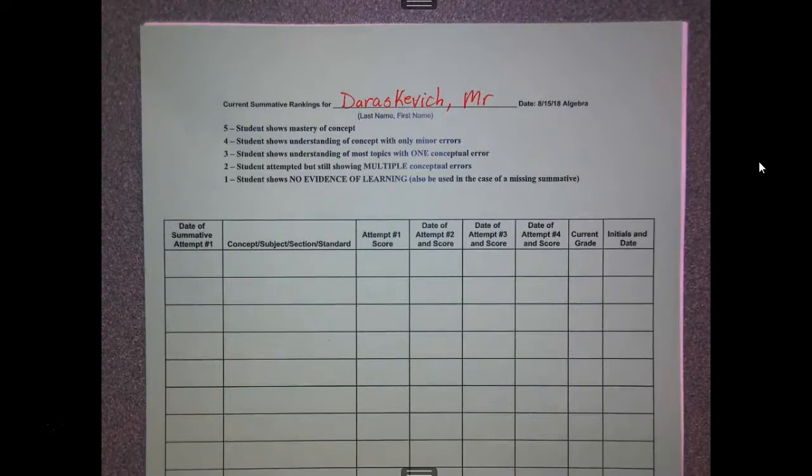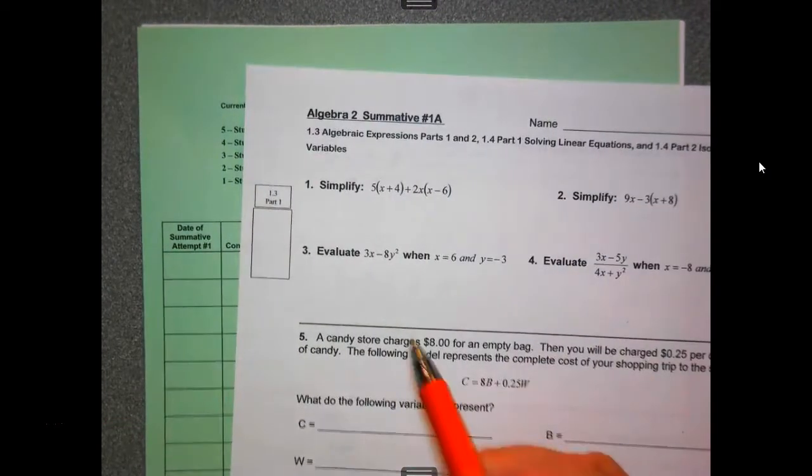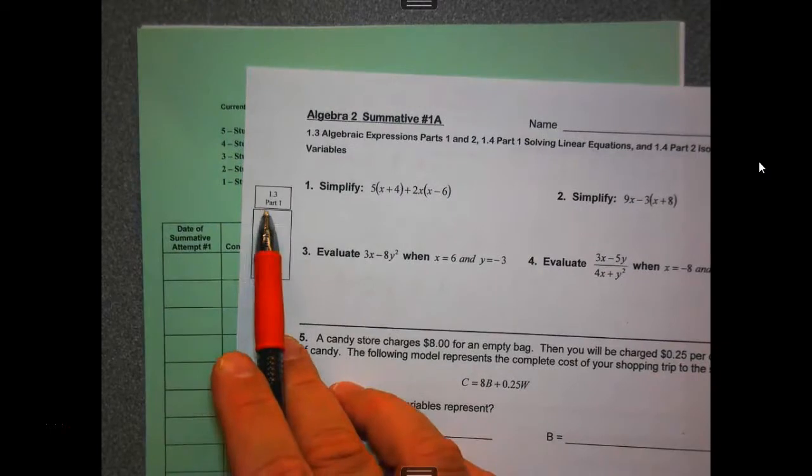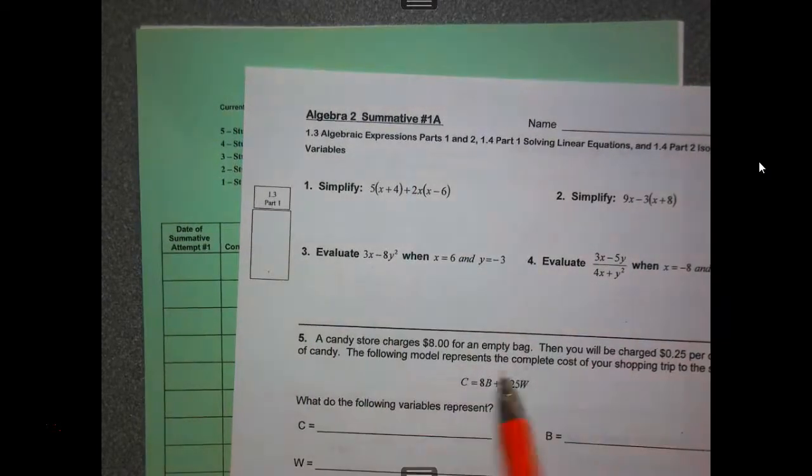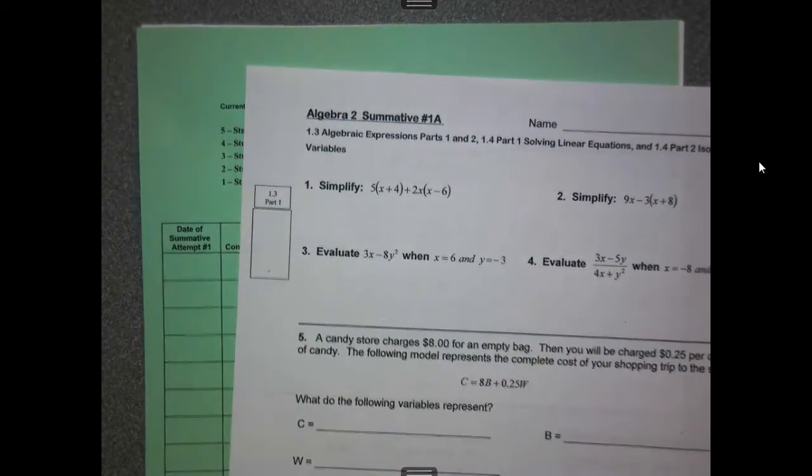Now, if you notice on the quiz, let me grab it. That's why I put the scores in these little boxes. It tells you what sections these are, and every time there's a line, there's a new section.